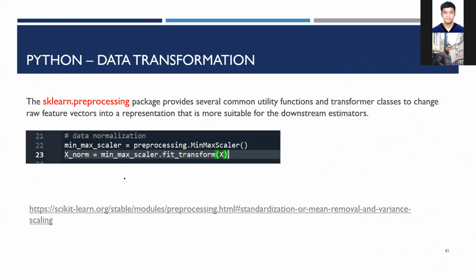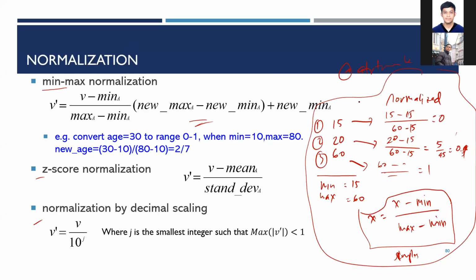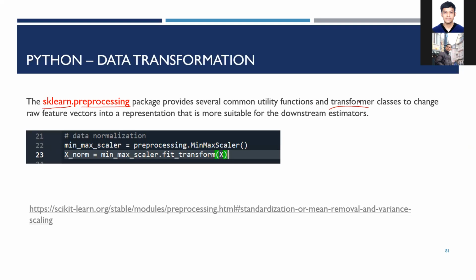For normalization in Python, you can explore the package sklearn.preprocessing. This package provides many data preprocessing techniques, especially for transformation, with many different types of data normalization.